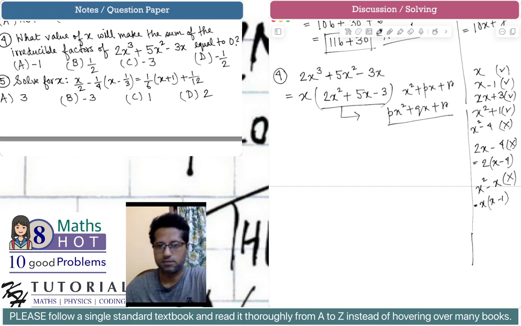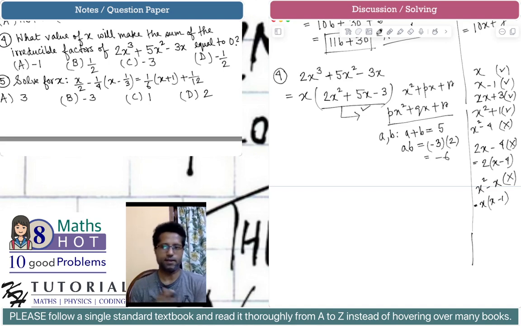Now to factorize this quadratic trinomial, we have to find two constants a and b such that a plus b will be equal to the coefficient of x, which in this polynomial is 5, and a into b will be the product of the constant term, which is minus 3, and the coefficient of x squared, which is 2, which is equal to minus 6.